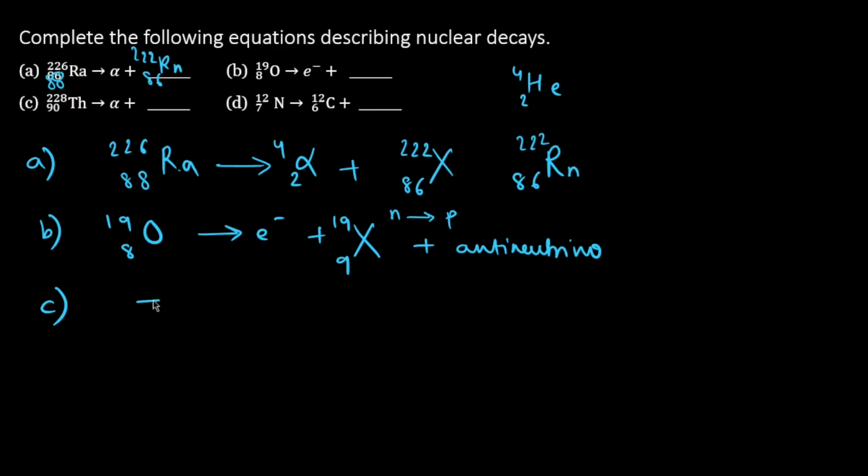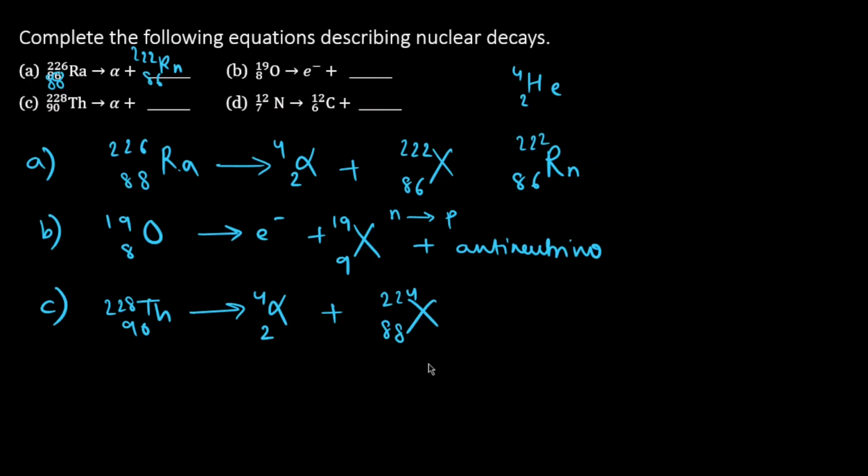Let's see the third one. We have thorium, that has atomic number 90 and atomic mass 228, which gives you an alpha particle plus nu. So 228 minus 4 gives 224, and 90 minus 2 is 88.